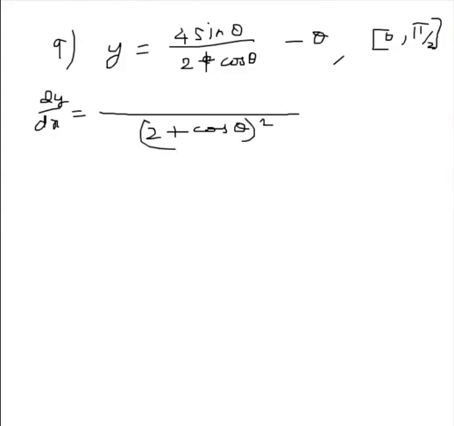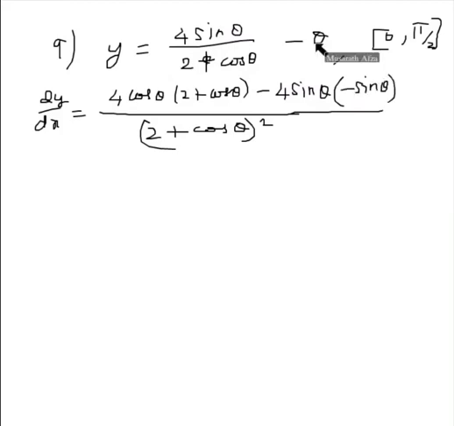The whole square, u dashed 4 cos theta into v. U dashed is 4 cos theta into v, I have written minus u and v dash. Differential of 2 is 0 and differential of cos theta is minus sin theta. And many will forget this theta.